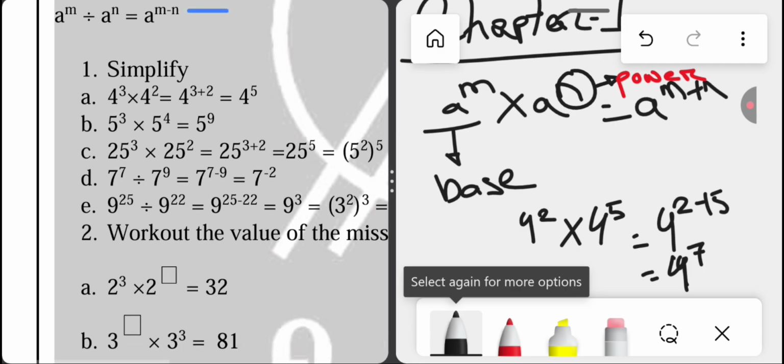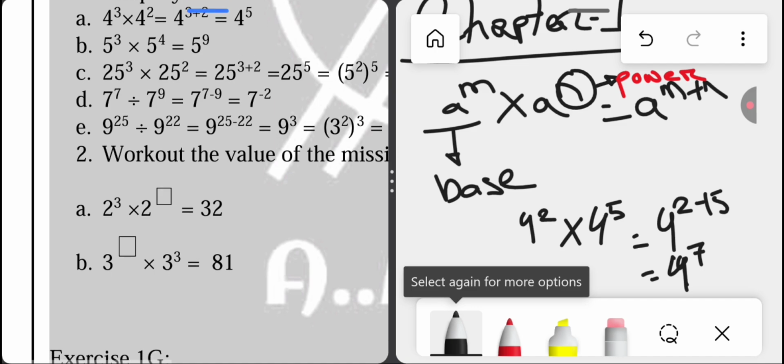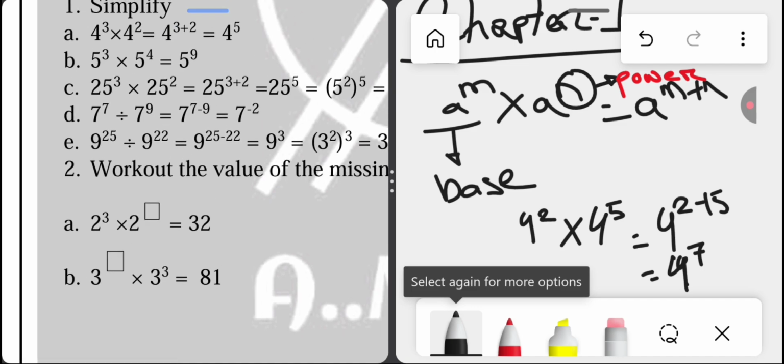And see here, same thing, but the bases are 5 instead of 4. In the second one, I didn't show a step, which was 5 to the power 3 plus 4. As I showed in the previous one, I hope you will understand how the 5 to the power 9 came. Now look at example number C.